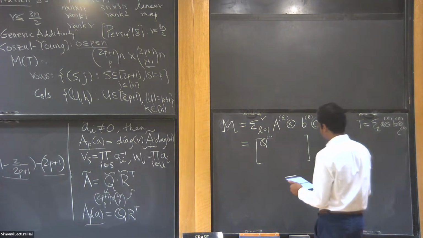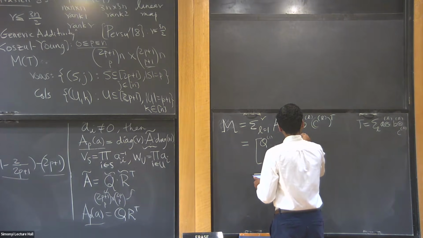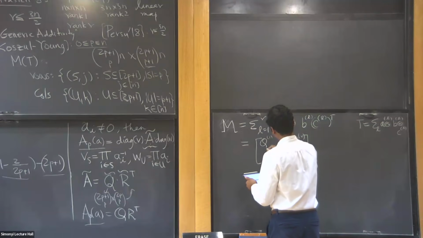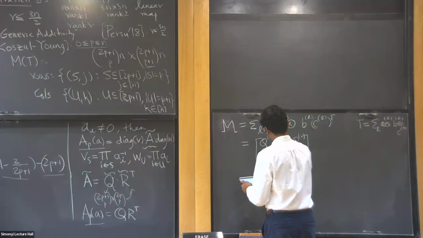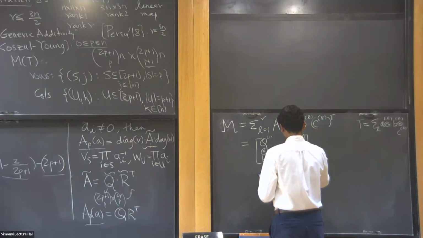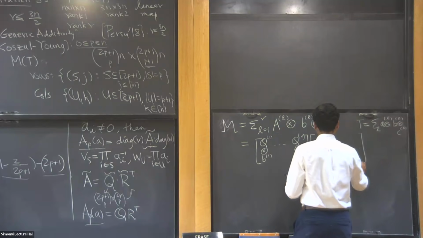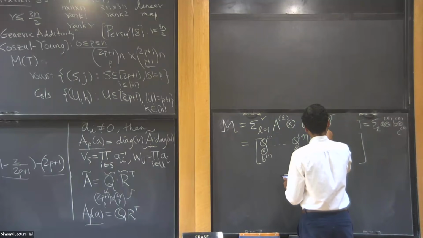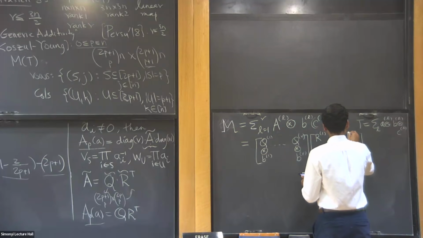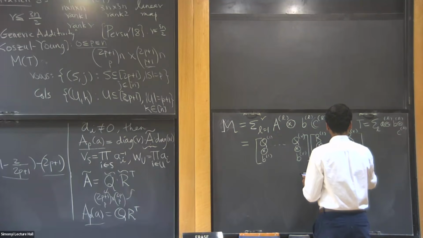Okay. So I have Q1 up to QR, but I'm taking canonical products with B1 up to B sub R. And then on the other side, similar but with C's. But maybe you want to make this not look like it's a square matrix, right?